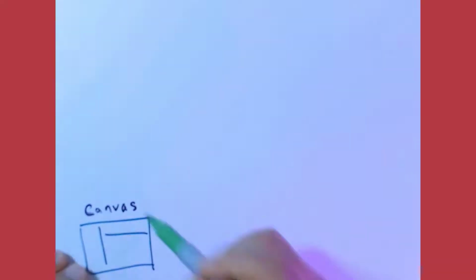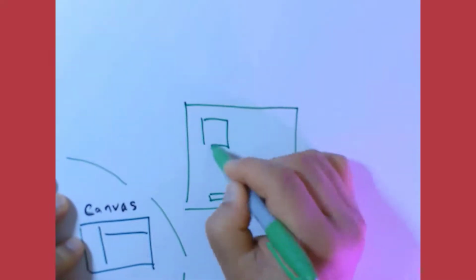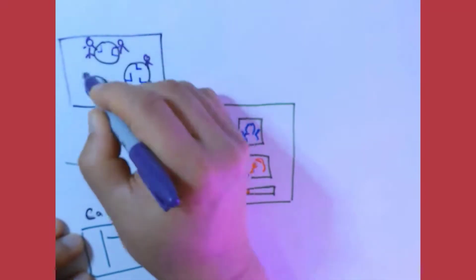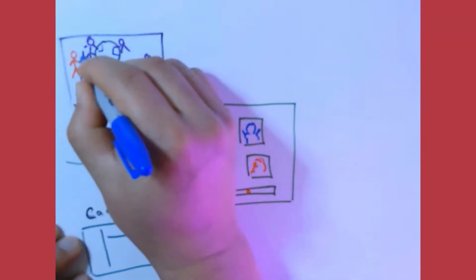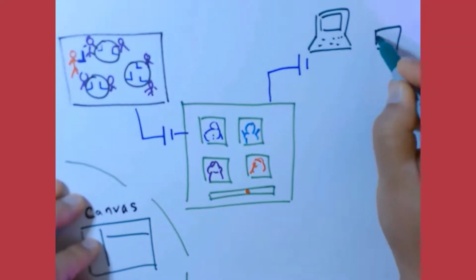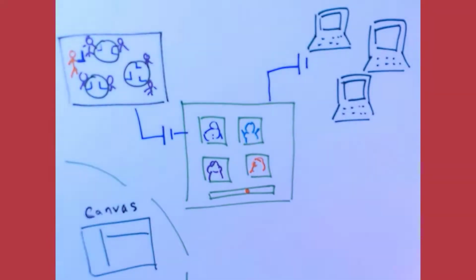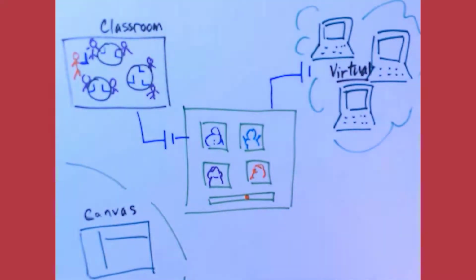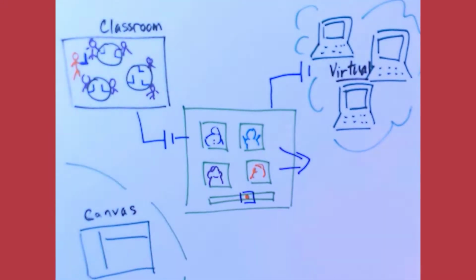Flex class will start from Canvas, where all the learning materials are stored. The Zoom class is the focal point of flex class. Everybody from the classroom, as well as the virtual online students, will be joining the Zoom class. As you can see, the students in the classroom also use their laptops to join Zoom.